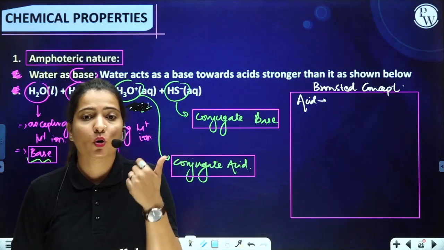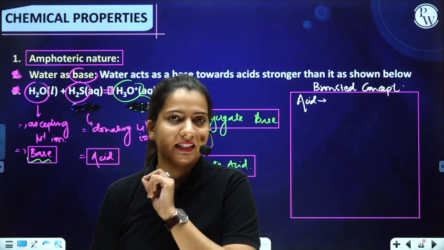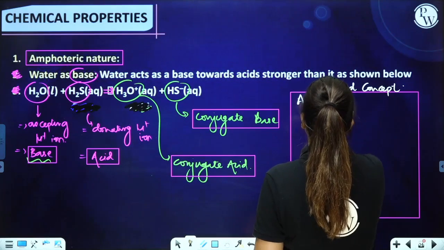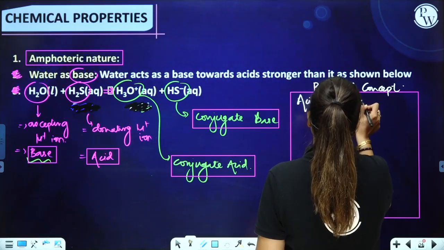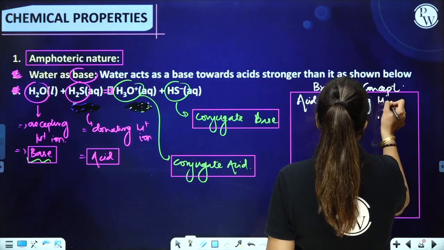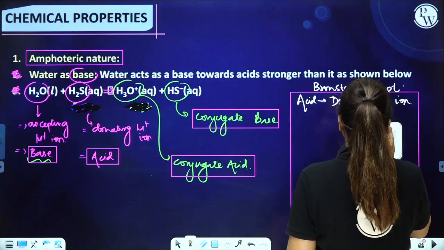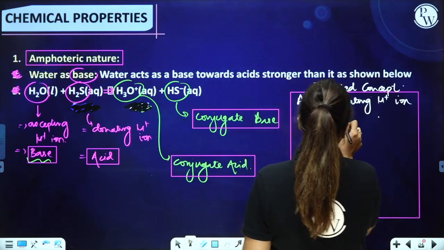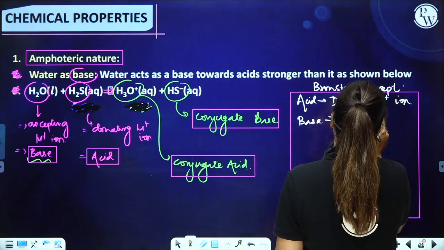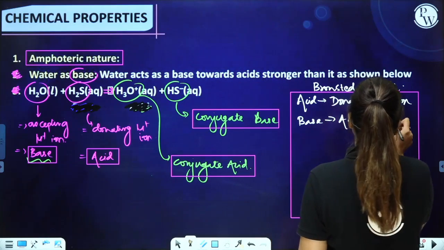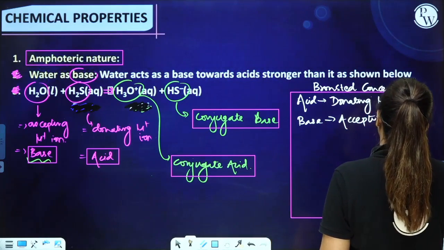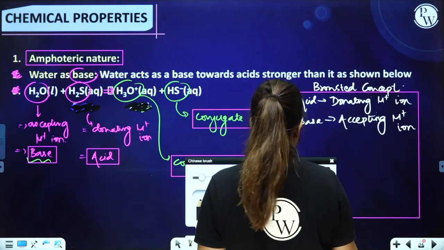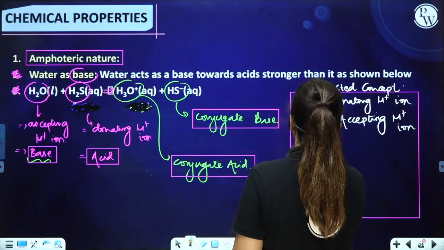If something is donating OH negative ion, it is considered a base. Bronsted said that an acid is something which is donating H positive ion, whereas a base is something which is accepting H positive ion. Acid, base. You need to remember these two things.